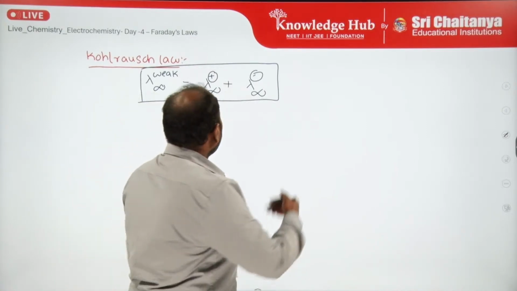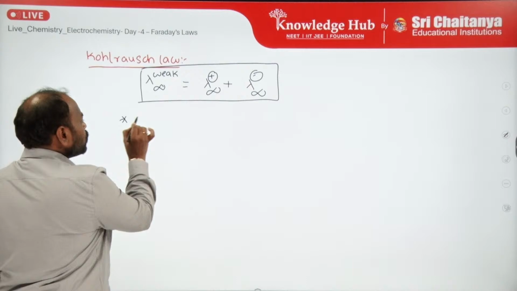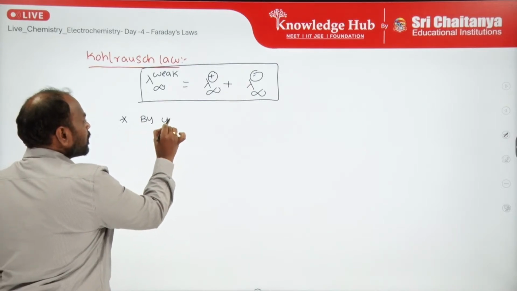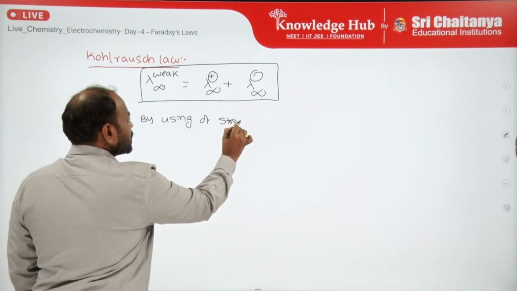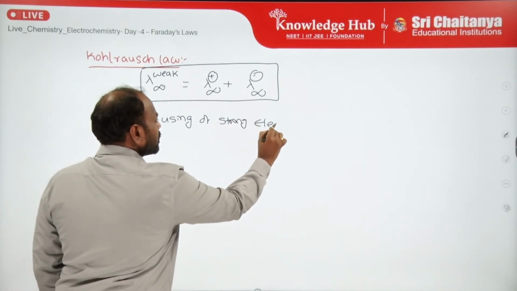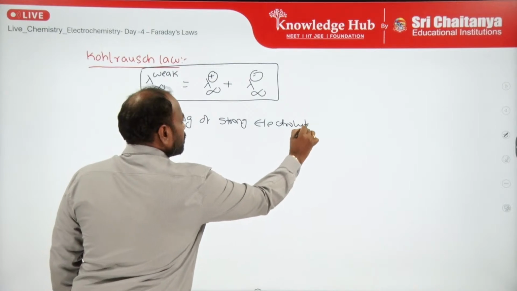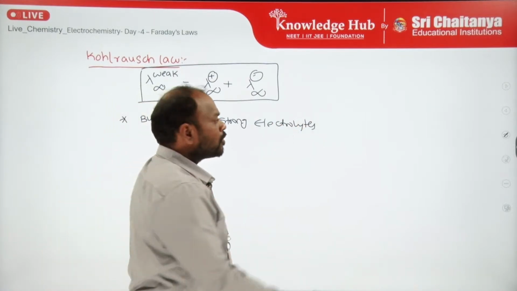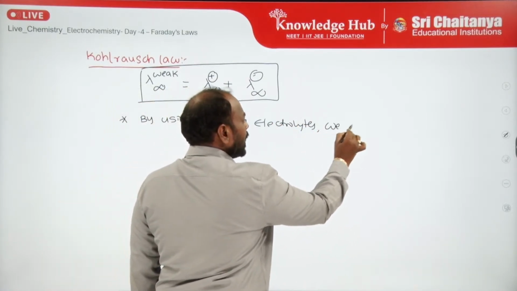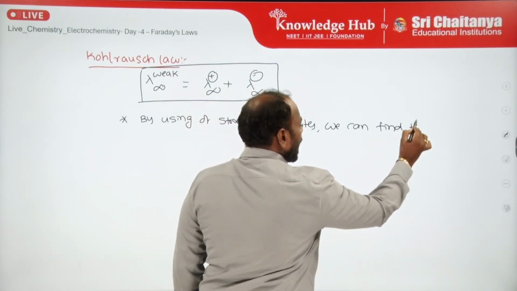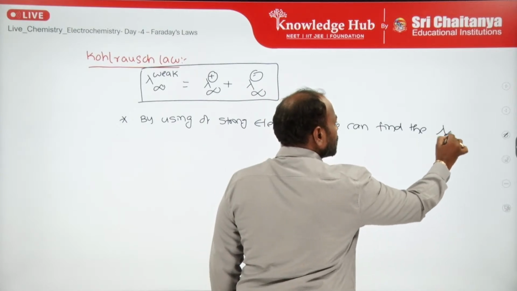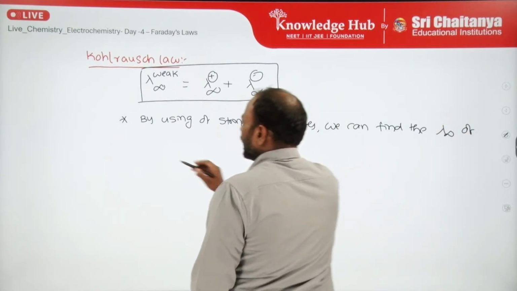So how do we get it? By using strong electrolytes, we can find the lambda infinity value of weak electrolytes.